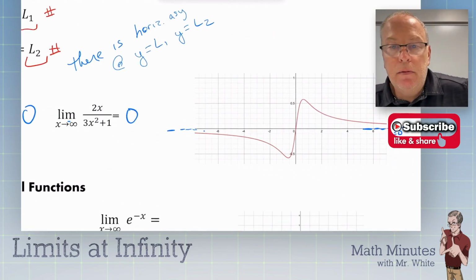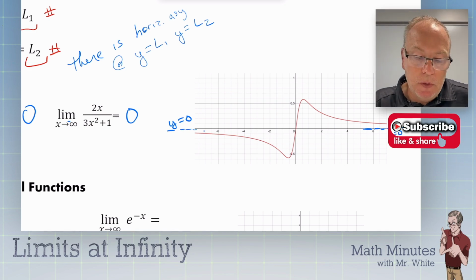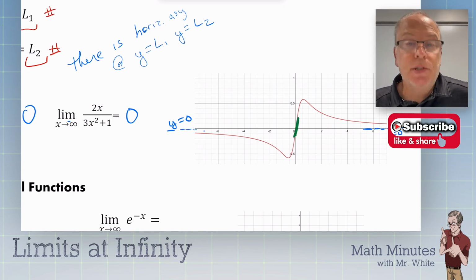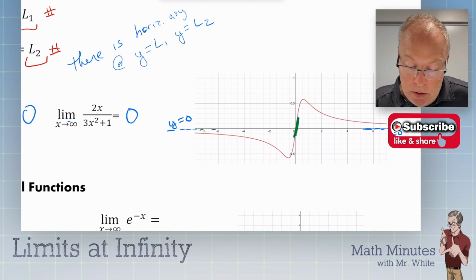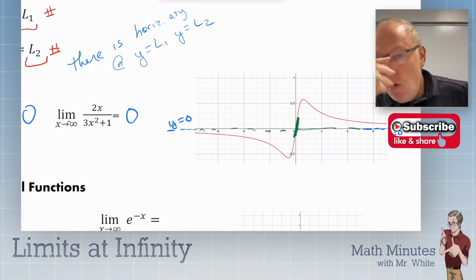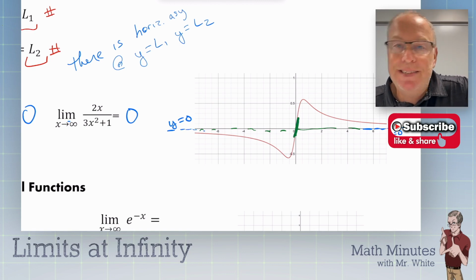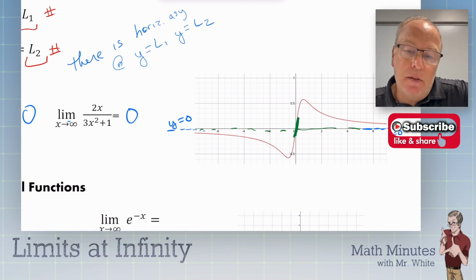Now why would students argue with me about this one? Because, Mr. White, it crosses the asymptote in the middle. Like if you were to extend this, it crosses the asymptote. It's not allowed to cross the asymptote. Well, back in, I don't know, 8th, 9th, 10th grade, when you first started learning about asymptotes, your teacher might say, it's a line that the function never crosses, but gets really close to, right?